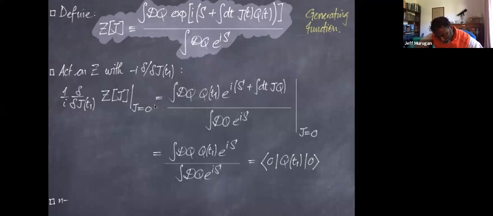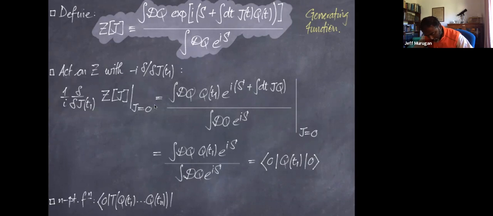The n-point function <0|T Q(t1) through Q(tn)|0> can be computed by working out 1 over i delta by delta J at t1, through 1 over i delta by delta J at tn, all of this acting on Z of J. And then once the dust is settled, you evaluate this at J equals 0.